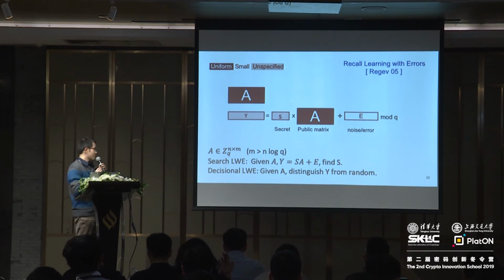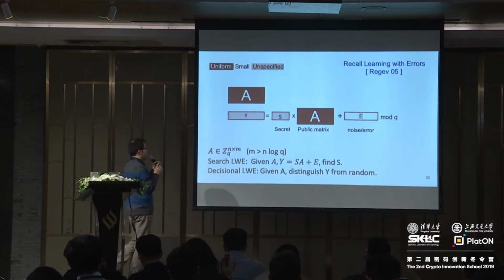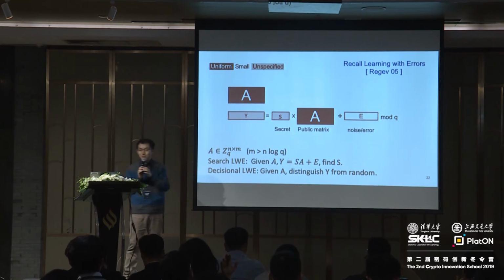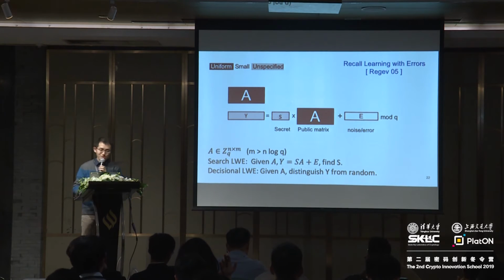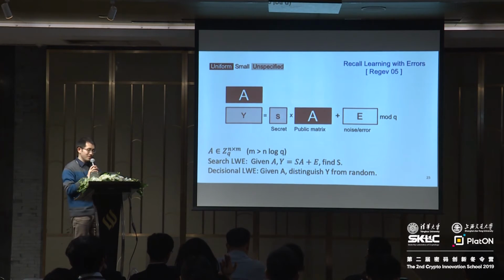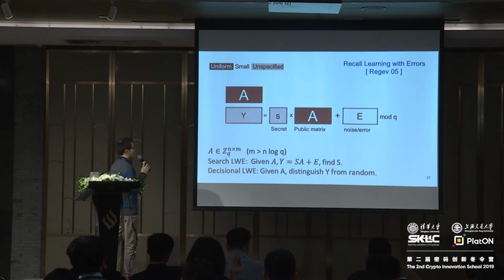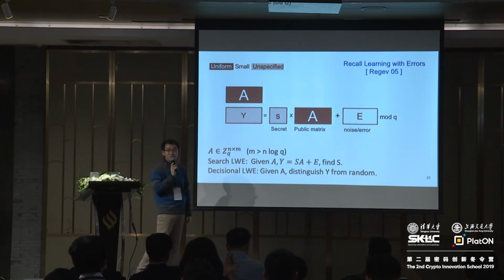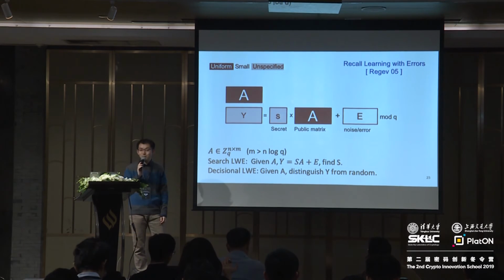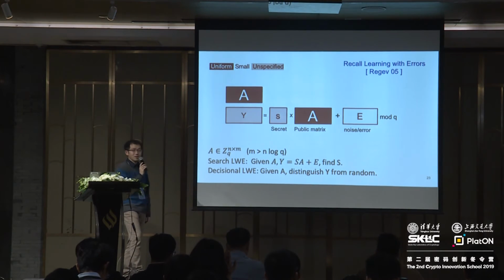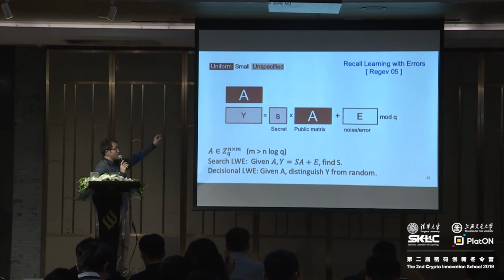So, previously we thought about learning with errors with one secret vector, the small s. In this talk, it's really convenient to think about a trivial generalization of learning with errors, where the secret is also a matrix. In some sense, think about the secret as a square matrix, and you are given, for example, n samples, where each row is independent from each other.